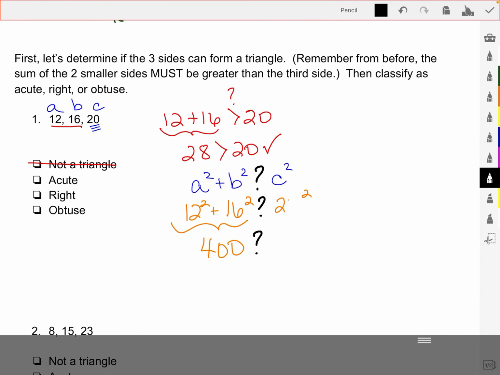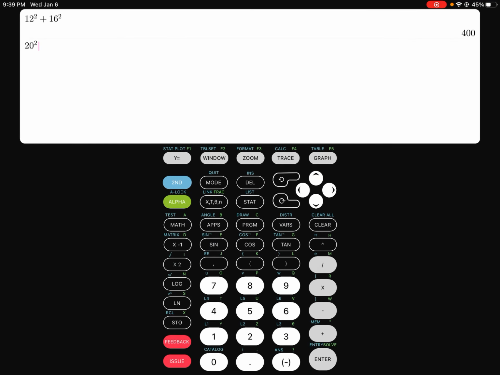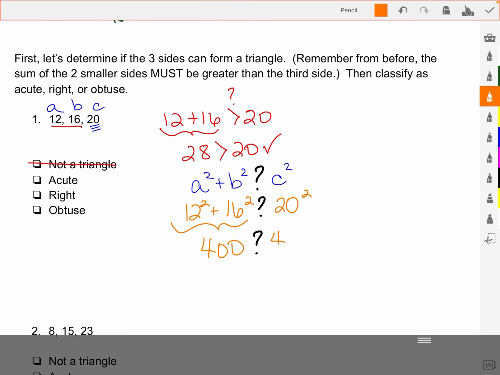Compared to 20 squared, also 400. So what does that mean? If these are equal, what kind of triangle is that? It's a right triangle, because that's what we did Monday and Tuesday. a squared plus b squared equaled c squared on right triangles.